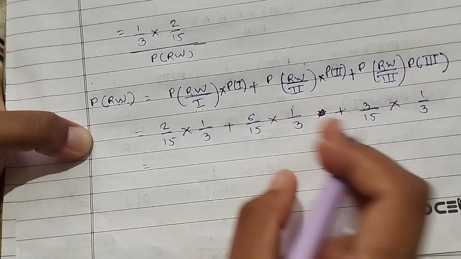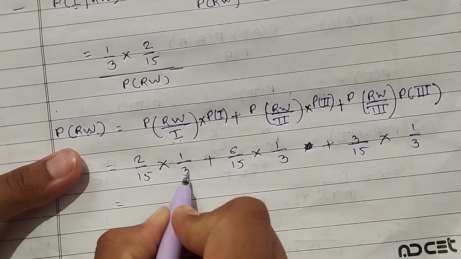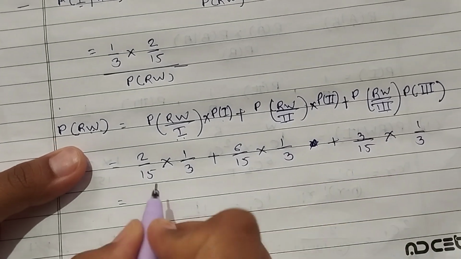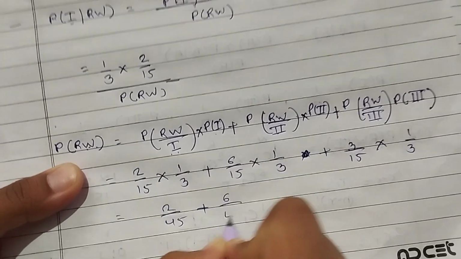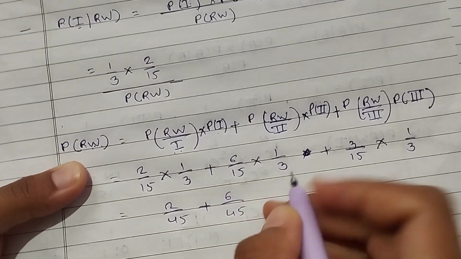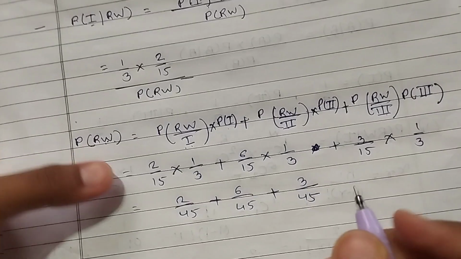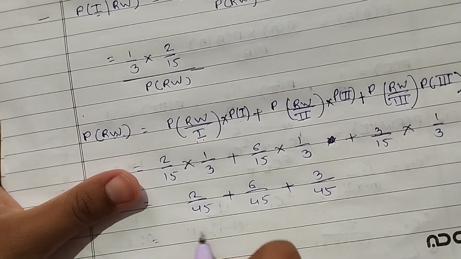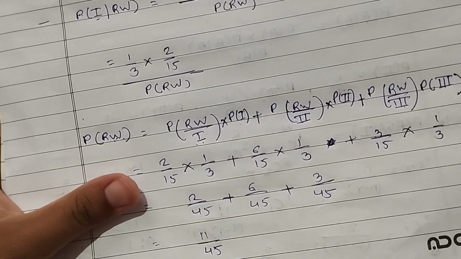Now just calculate the terms. 15 into 3 is 45. So 2 over 45 plus 6 over 45, 15 3s are 45, plus 3 by 45. So which is nothing but 2 plus 6, 8 plus 3, 11 by 45.